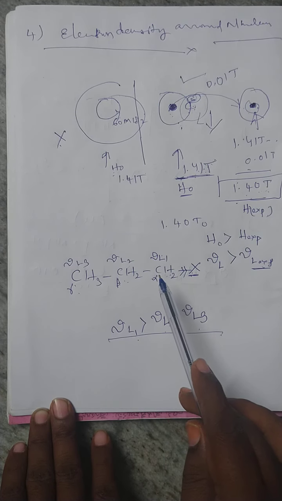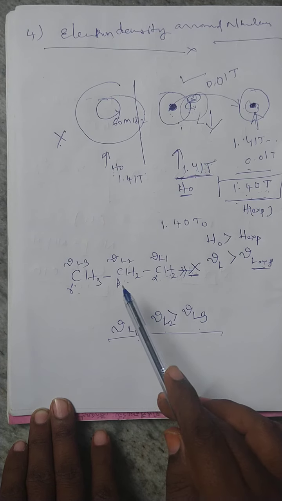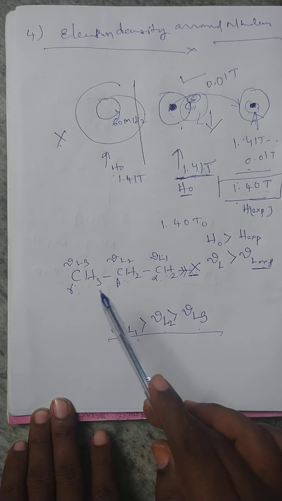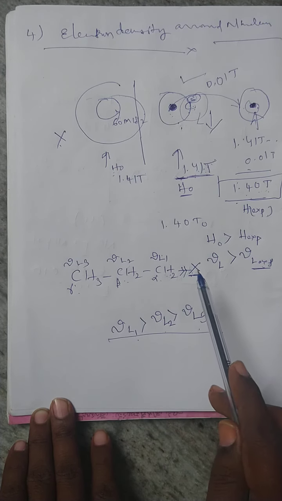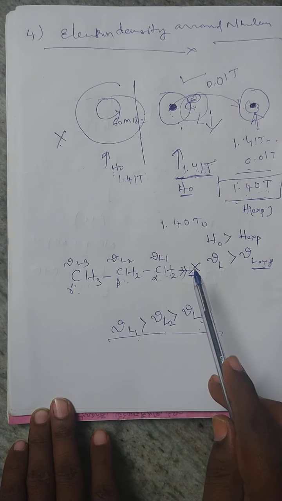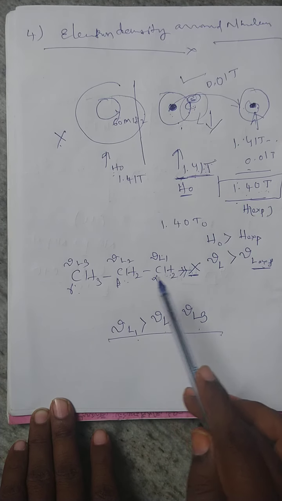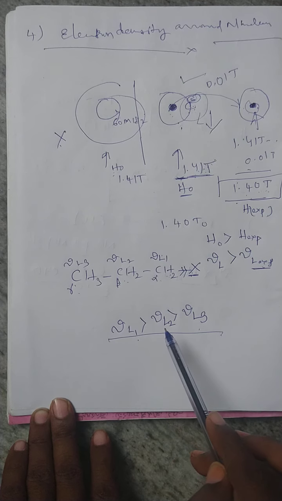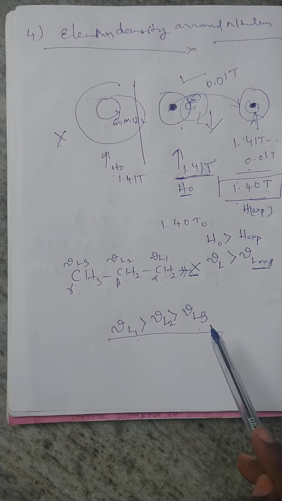When you move further from alpha to beta, beta to gamma, the pull of the electronegative atom decreases, so the Larmor frequency also decreases.